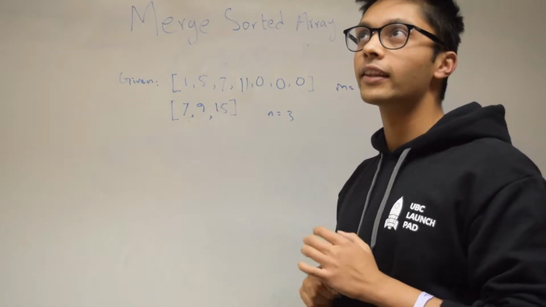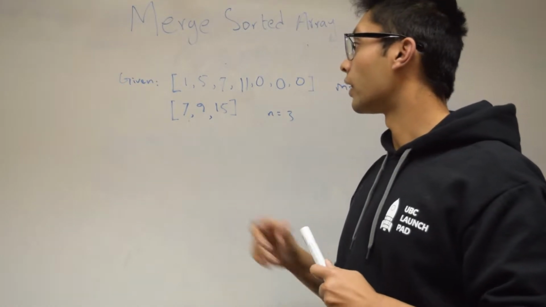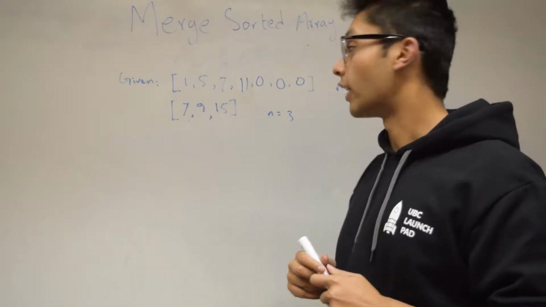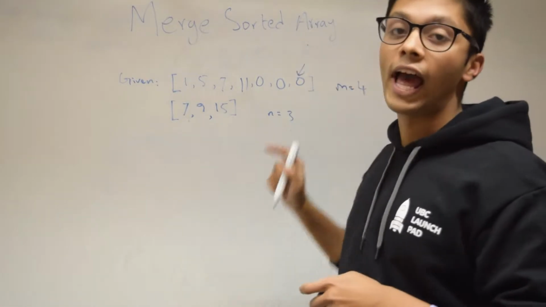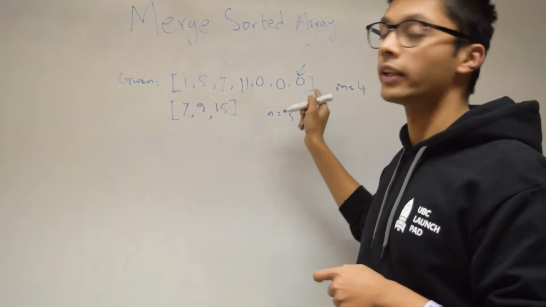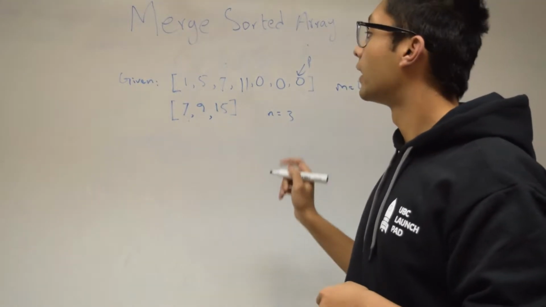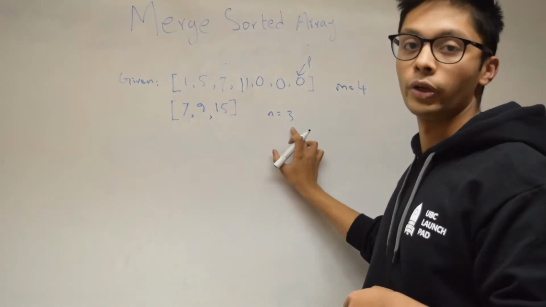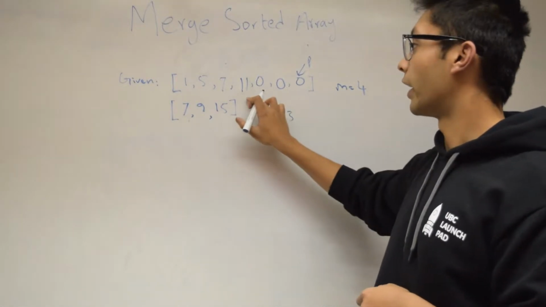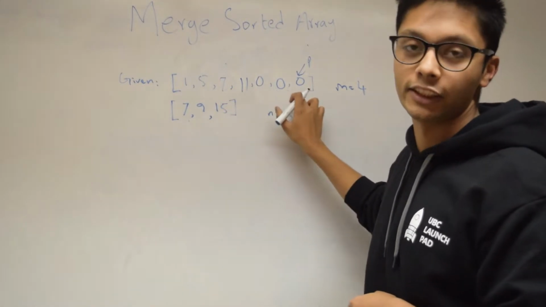So if we think about the problem, we could have pointers to the last elements. The last element of this array is just the 0, and this is going to be the placement, so you can call it P. This is where it's going to be placed. We know the length of the second array is n equal to 3, and the length of the first array is m equal to 4, because there are 4 elements in it and the rest is just filler space.